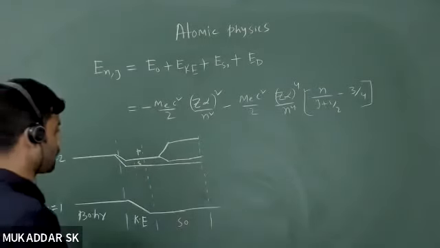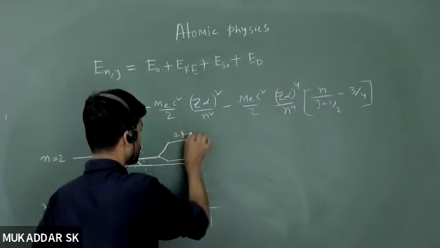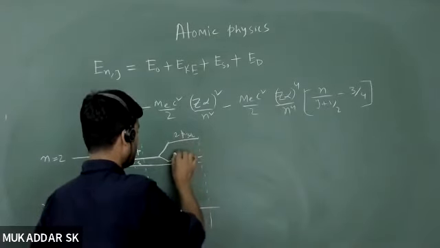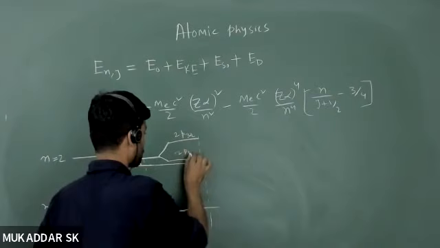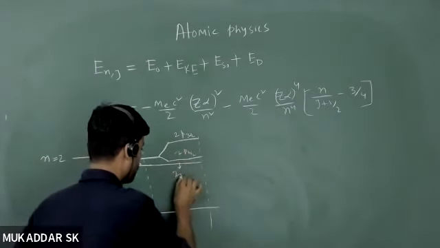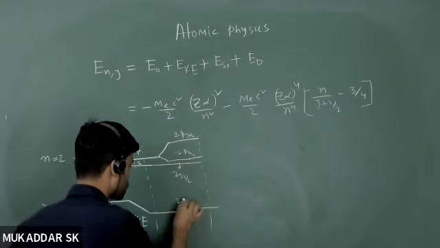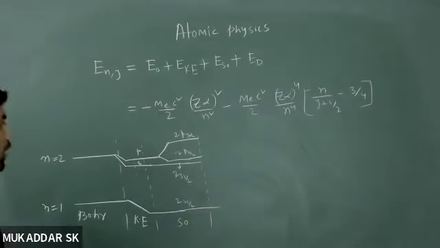Okay. So obviously this state will be what? 2P 3/2. Then this state will be 2P 1/2. And this state corresponds to 2S 1/2. And also this state corresponds to 2S 1/2. Now there is a Darwin correction, right?